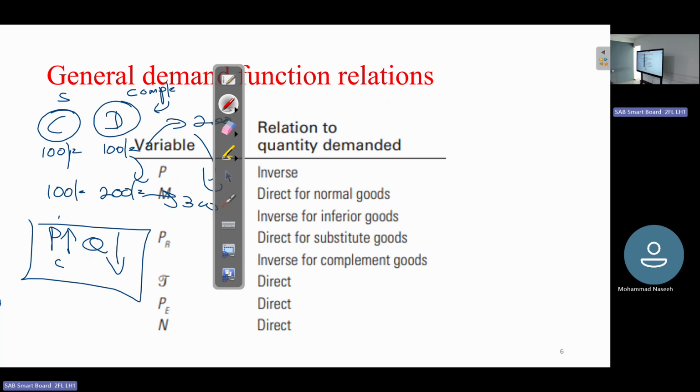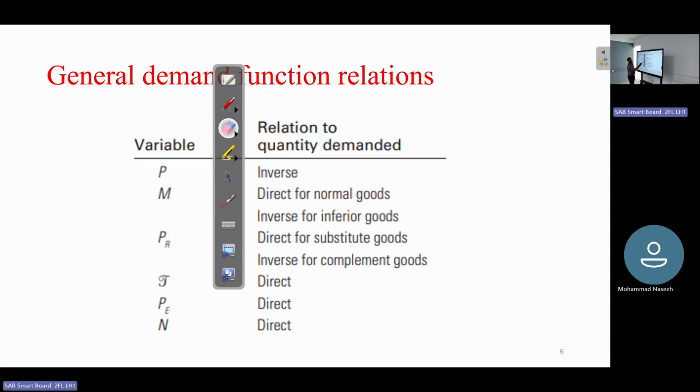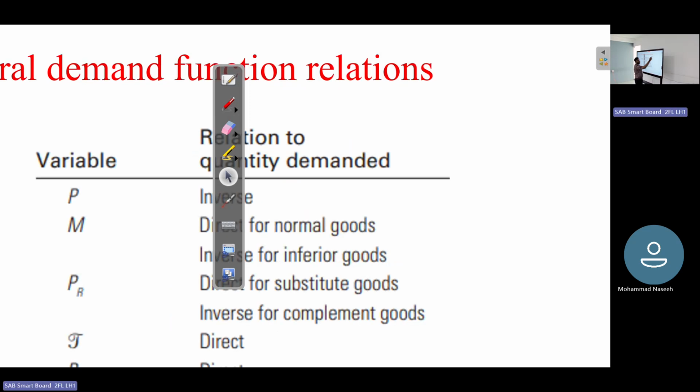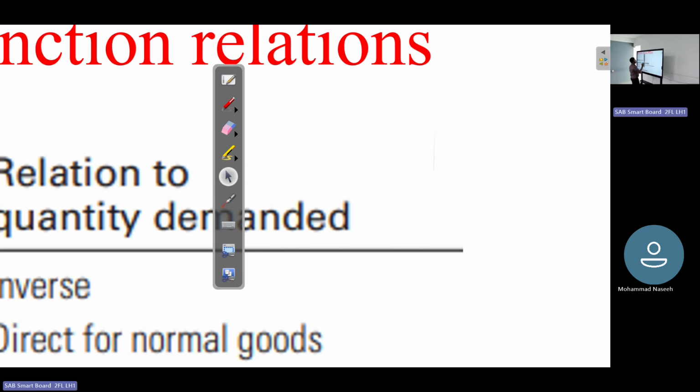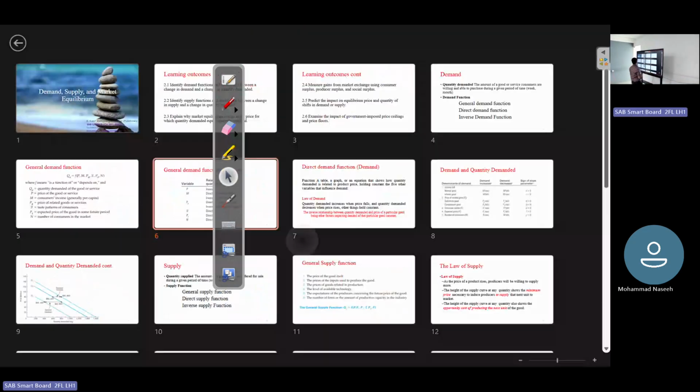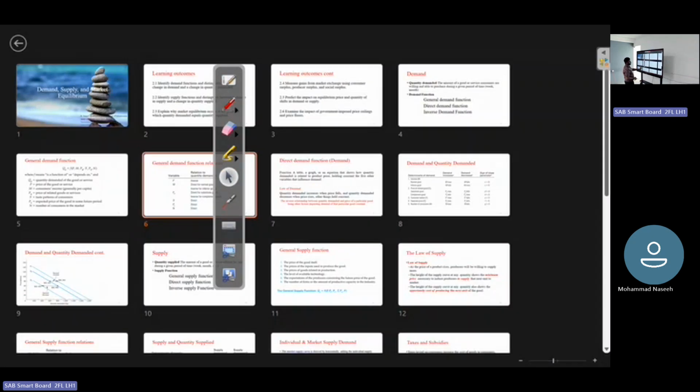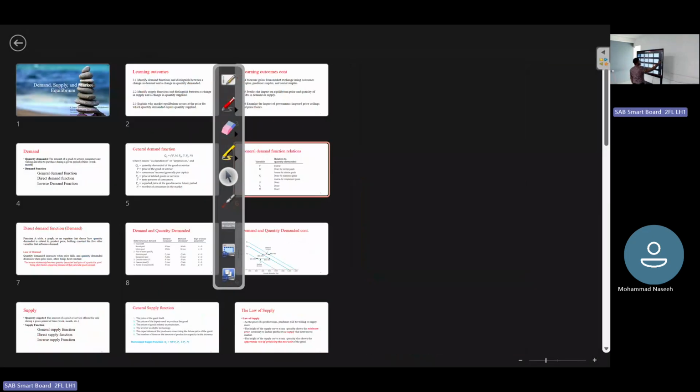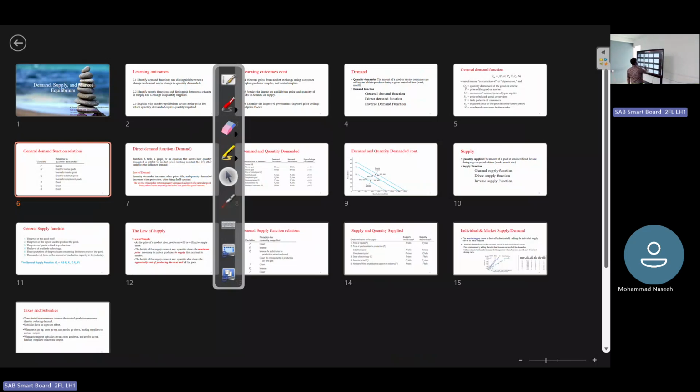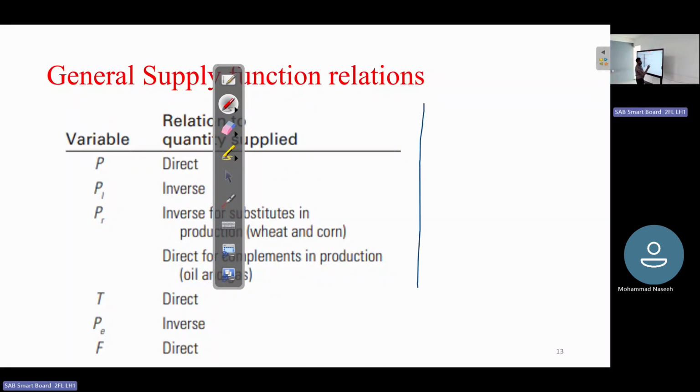Right, now look at the board. This is the graphical illustration.